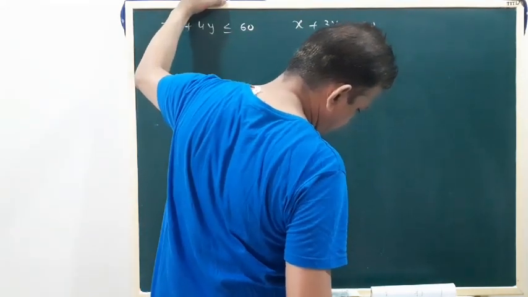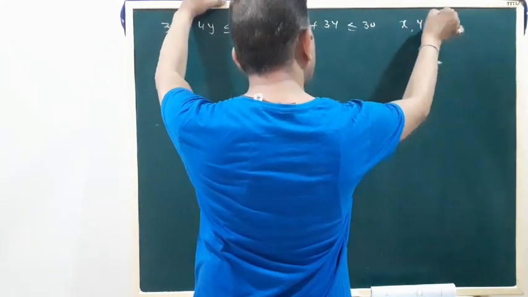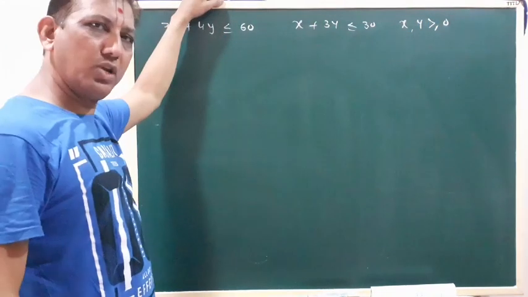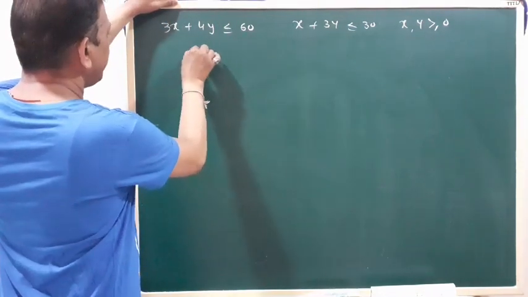Right? And you can draw the graph, only in the first quadrant. The first quadrant is given. Now, first the elimination method.